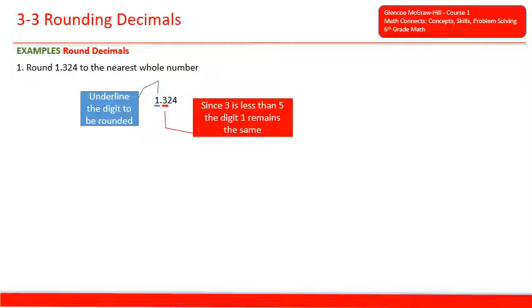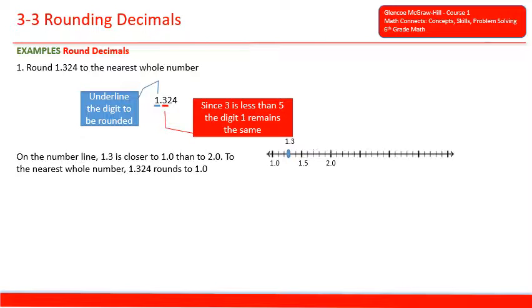It's 4 or less, so 1 stays the same. If we look on the number line, 1.3 is closer to 1.0 than to 2.0. To the nearest whole number, 1.324 rounds to 1. So I like the visual of a number line to show us which one it's closer to.